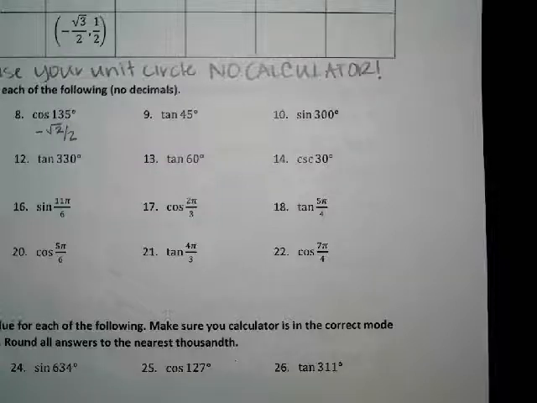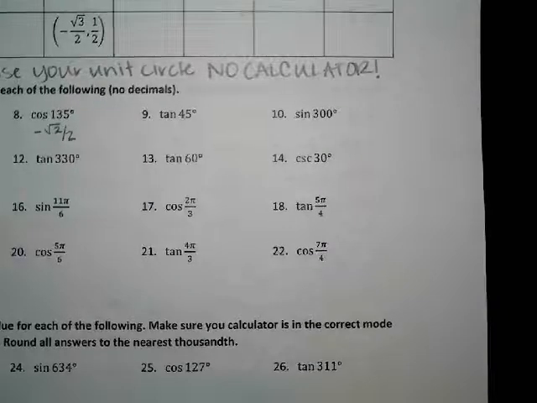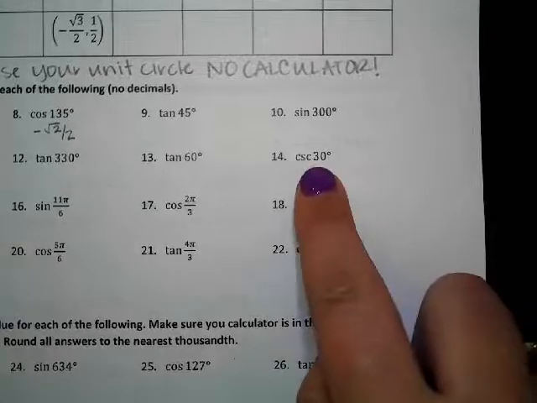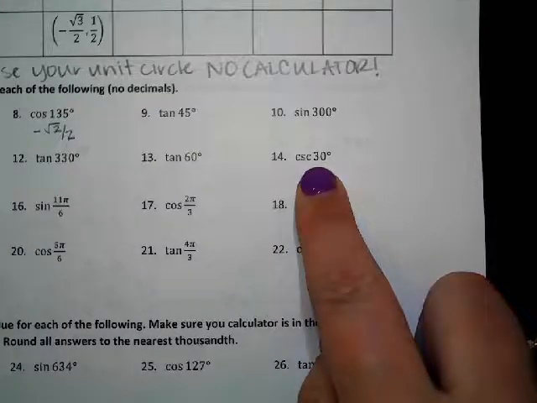Okay, so if it's the opposite of sine, we're going to go to 30. It's the opposite of sine, so sine is the y-coordinate, so we're going to take the y-coordinate, and what are we going to do with it? 2 over 1, which is just 2.